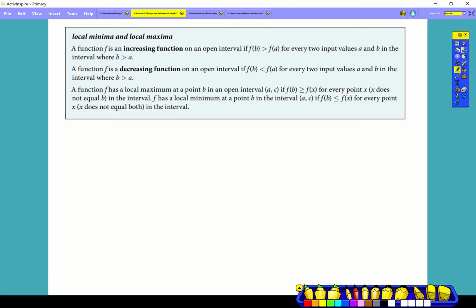Now, local minima and local maxima. So an increasing function, we talked about where it was increasing, talked about where it was decreasing previously. So a local maximum is the point where it goes from increasing to decreasing.